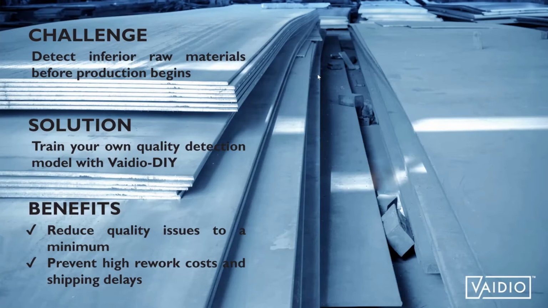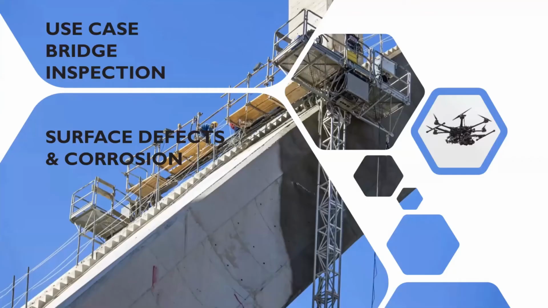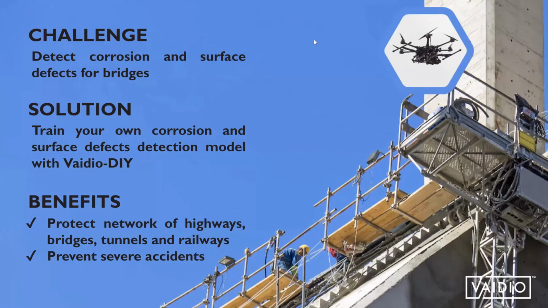Same thing with parts and pieces, cogs being made. If there's any issues in that material, you could shut down the assembly line and do what you need to do from there. We've been able to put this in drones to help civil engineers and city architects.